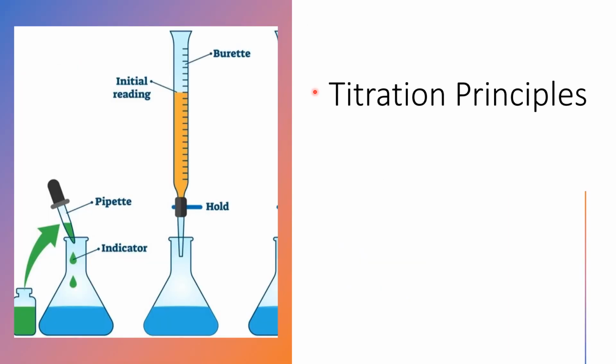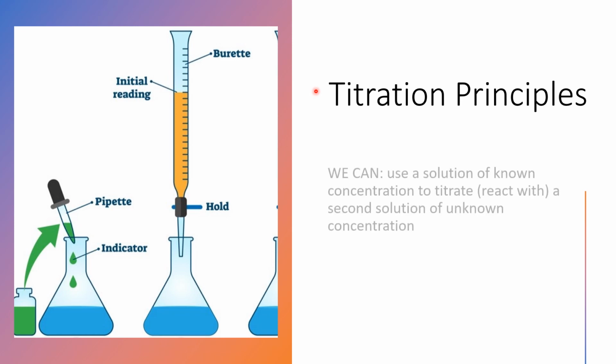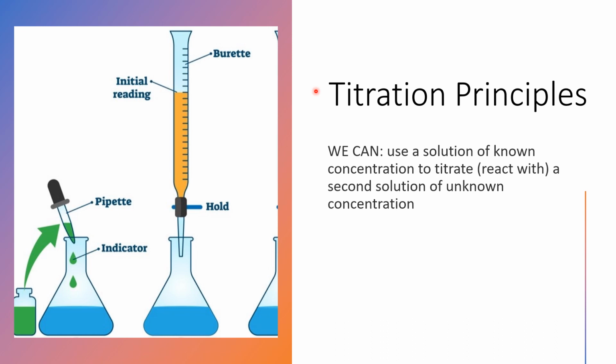First, we want to visit or revisit titration principles. The basic principle of a titration is we can use a solution of known concentration to titrate, fancy word for react with, a second solution of unknown concentration.